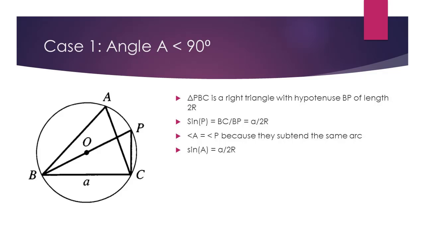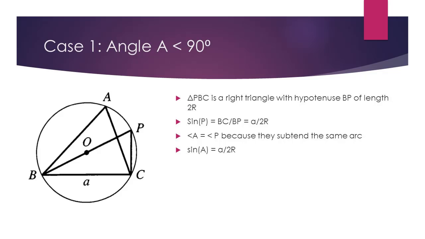BP is going to be our hypotenuse, and so with some trig we know that the sine of P is going to equal BC over 2R, but we denoted BC as a, so it's going to be a over 2R. And with some algebra, we get a over sine of P equals 2R.